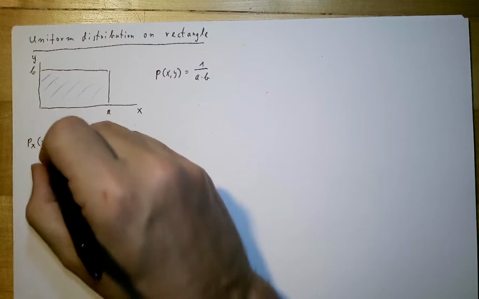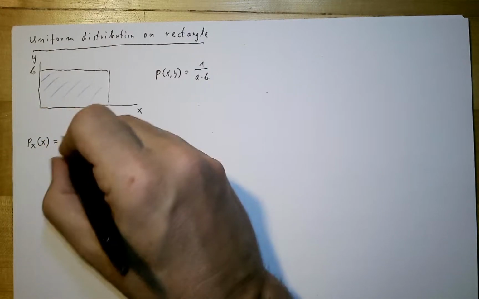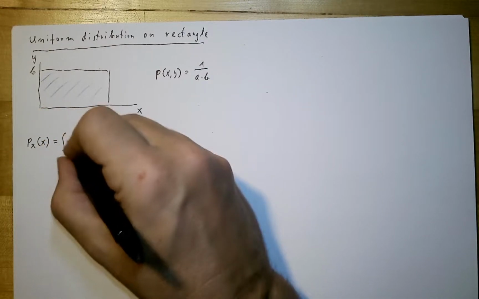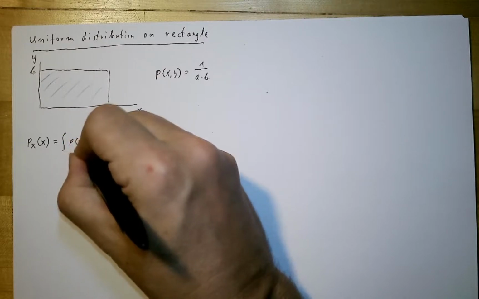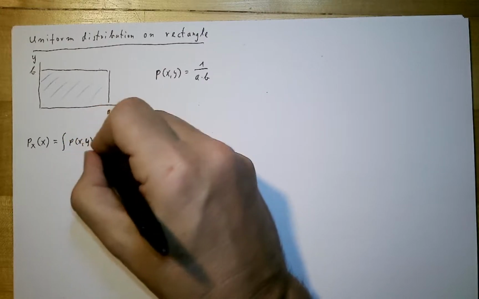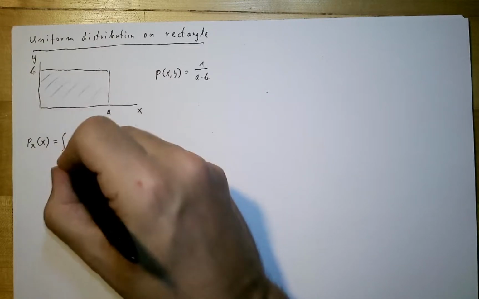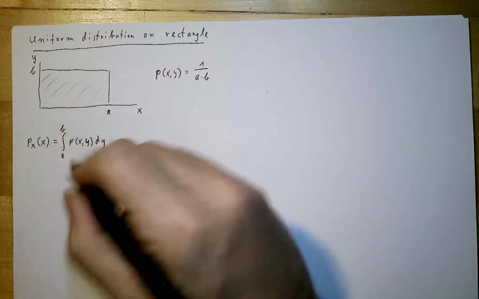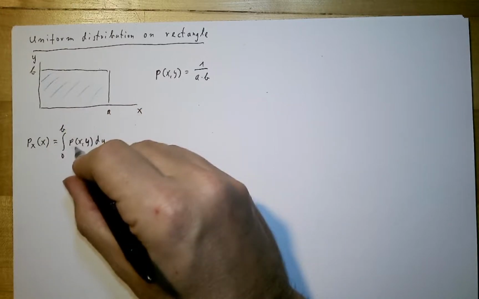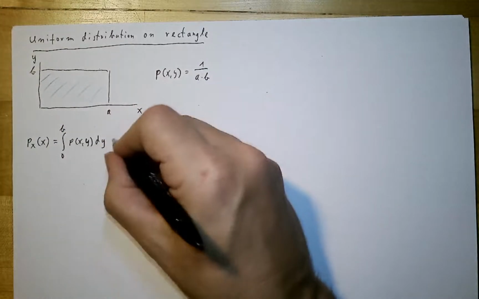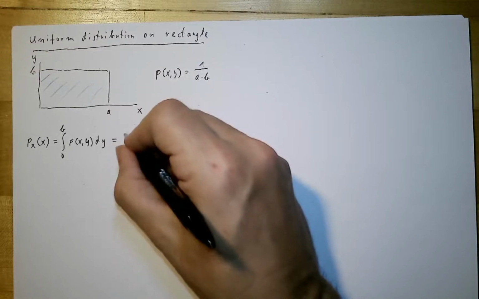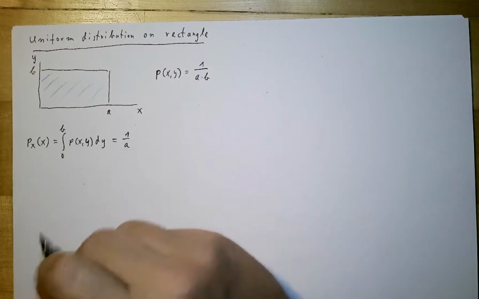Calculate the marginal distribution of x. We have to integrate over y, p of x, y, dy, and y goes from 0 to b. We just have a constant, we integrate this, and this just gives 1 over a.